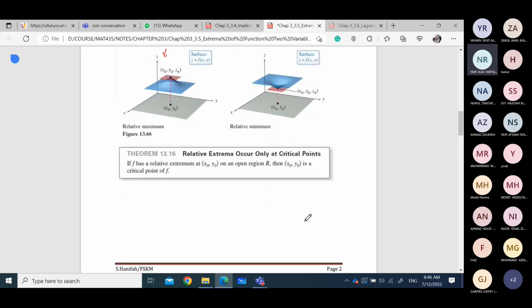Theorem 13.16: relative extrema occur only at critical points. This theorem says that if f has a relative maximum at x naught, y naught on an open region, then x naught, y naught is a critical point of f. An open region means that it is not a bounded region.